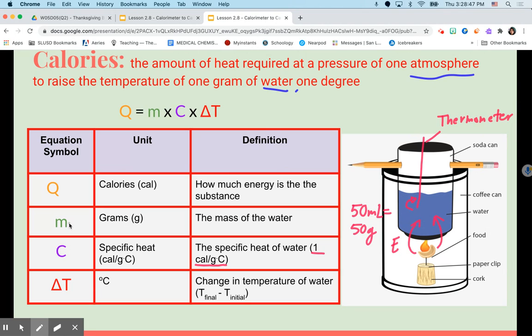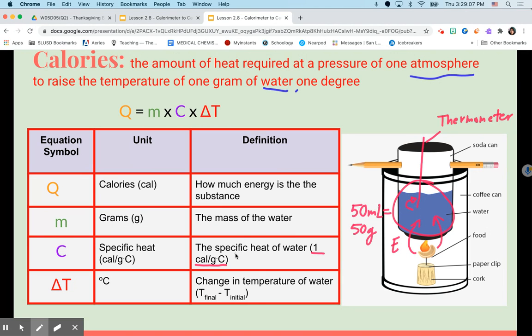So M in our equation is always the mass of water, right? Then we multiply that by the specific heat of water because, again, we've already transferred all the energy into the water, so we only need to measure things in the water.